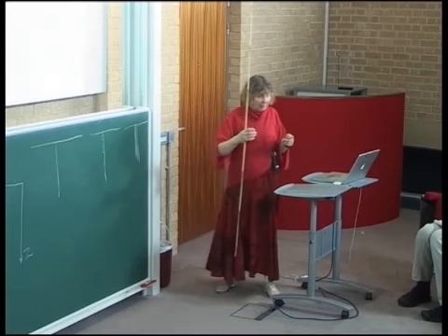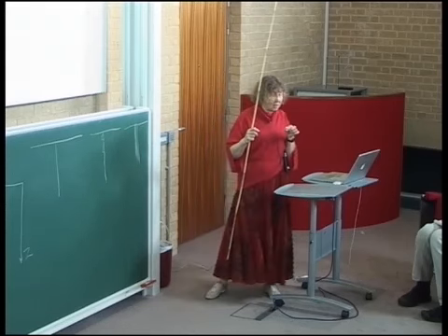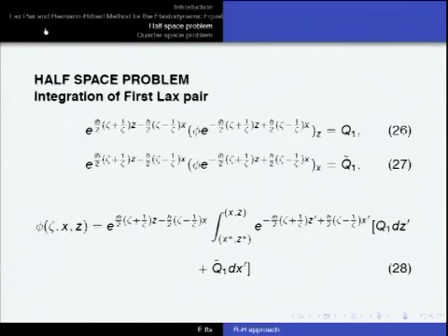So it means for a while I'm dropping one set of the boundary conditions, and we are solving the problem only with the boundary conditions for z equals 0.